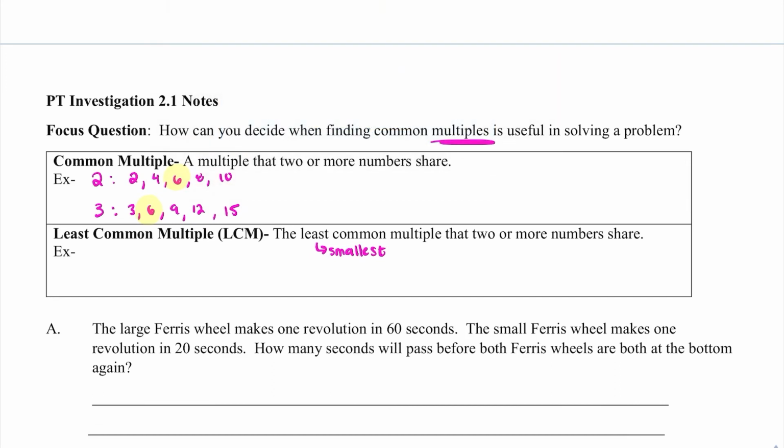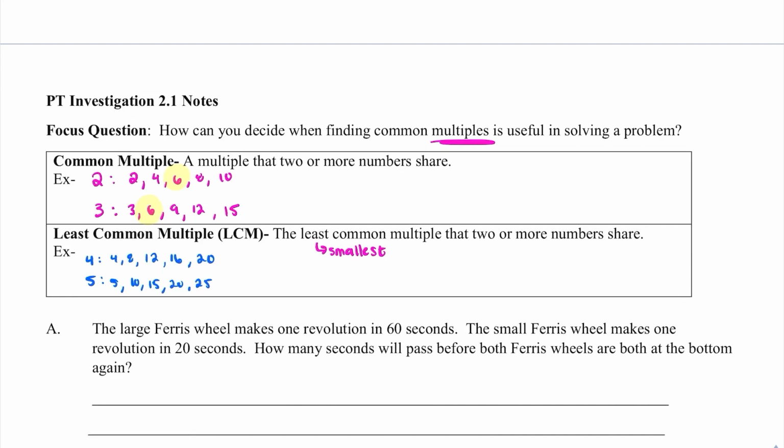Let's take a look at some examples. I'm going to find the least common multiple of 4 and 5. Let's list the first 5 multiples of 4: 4, 8, 12, 16, and 20. Then I'll do the same for 5: 5, 10, 15, 20, 25.